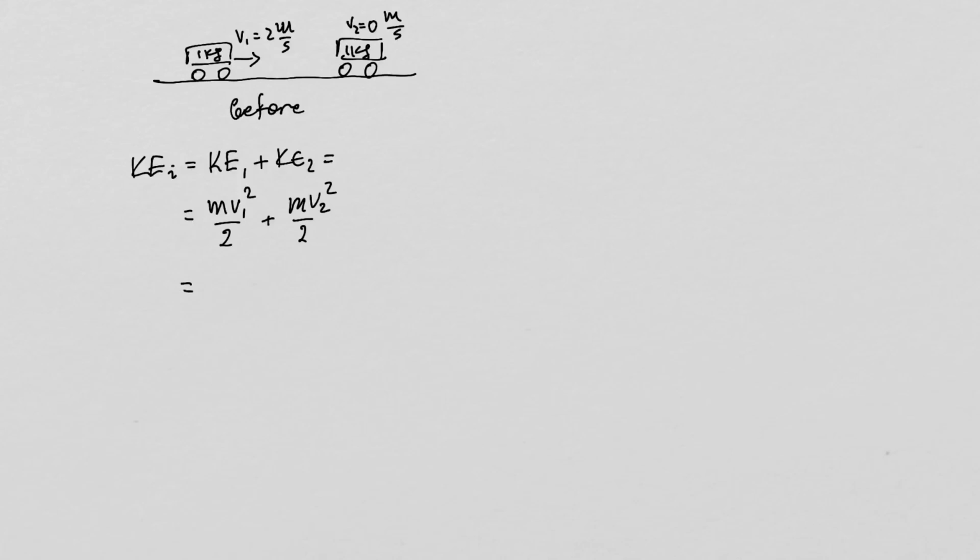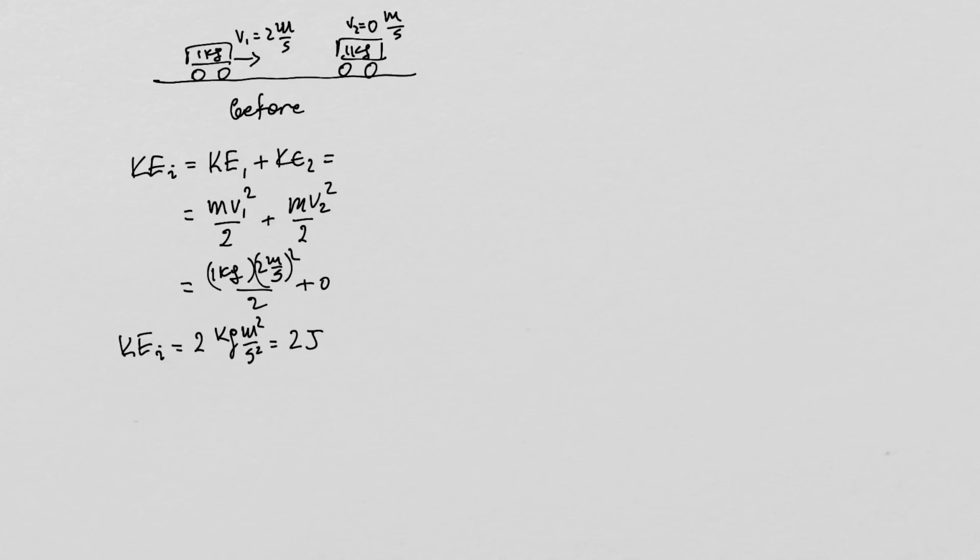And so this becomes 1 kilogram times 2 meters per second squared divided by 2 plus 0, which gives us that the initial kinetic energy is equal to 2 kilogram meters squared per second squared, which is 2 joules.